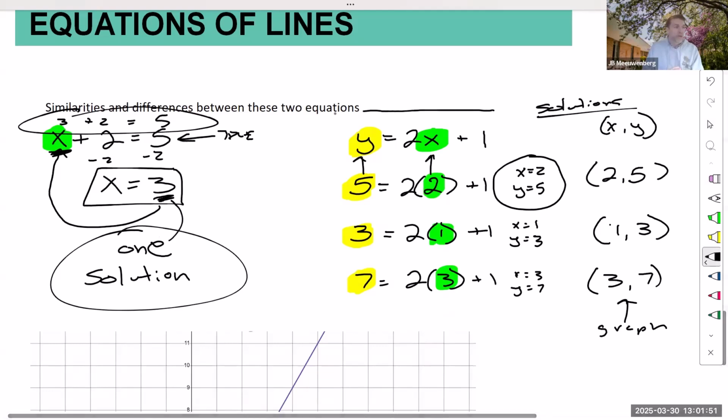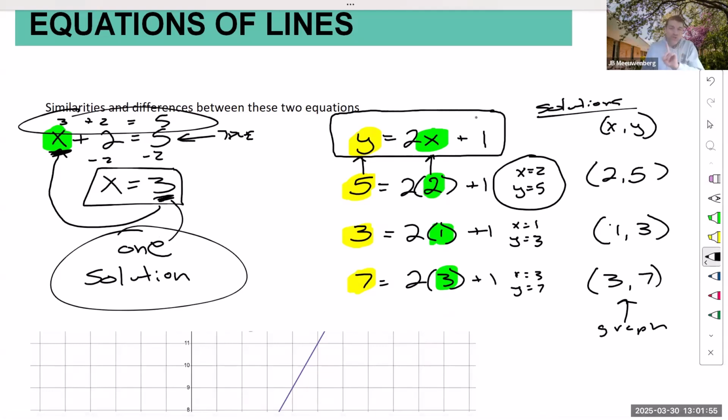With this one that we're working on now, y equals 2x plus 1, it had 2 different variables. And what we discovered is that we found 3 solutions that came in pairs, but we could continue that list really forever. As long as you give me a number to insert in there for x, I can multiply it by 2 and I can add 1 and get a new number for y.